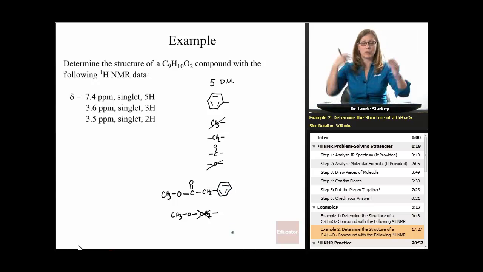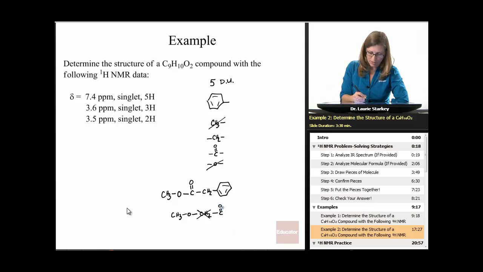So don't be afraid to look at your options. Rather than have it all swirling around in your head and trying to imagine all the possibilities, just write out the two possibilities that you're considering and then see which one fits the data best. Okay? So what I'm saying here is if this were the carbonyl, if we looked at this option, then this would be much more downfield. This must be higher than 3.5.